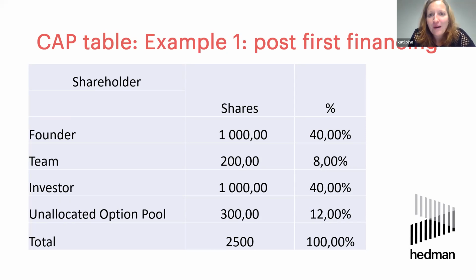A rule of thumb is don't give away more than 20% in any round, but as I said, life makes its own ways, so you might have to do bigger or smaller rounds, but just keep in mind that you shouldn't give away too much in the beginning. And as you can see, there is also the option pool of 12%, which is a rather okay percentage to have as an option pool.